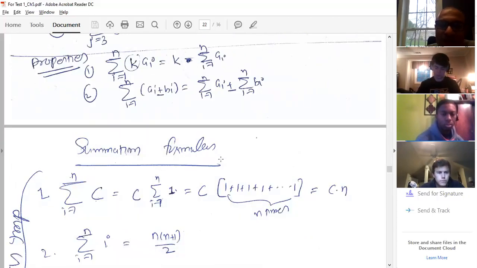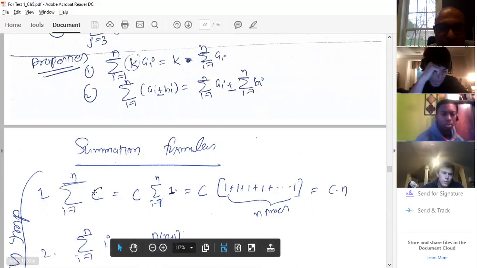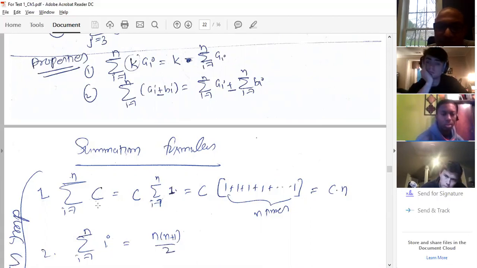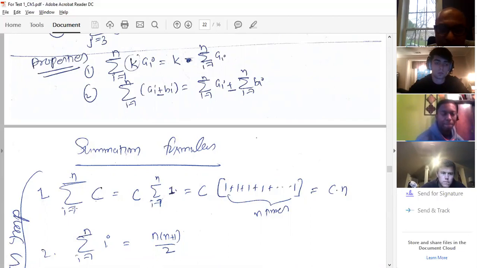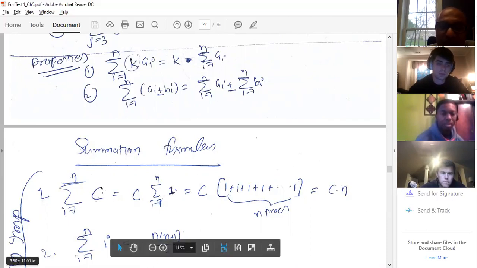Now the most important thing is the summation formula. Summation of some constant term, because here there is no i inside the summation sign. Please pay attention, guys. Here there is no i. So i equals 1, 2, 3 up to n. If I take i equal to 1, but there is no i, how can I take i equal to 1? So for i equal to 1, my value will remain the same, c, right?